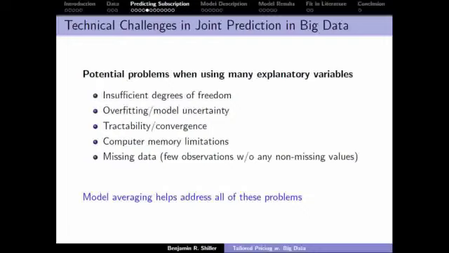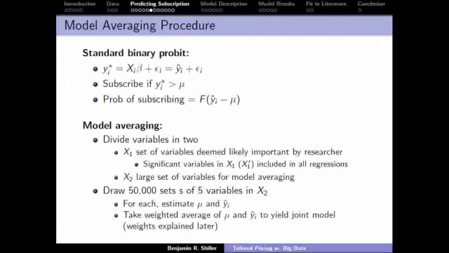If you have a large number of variables, it could be that any one observation tends to have at least one missing variable, and so it would be dropped from the overall regression. So these are a number of problems that occur. Model averaging, basically taking the average of the predictions of many smaller models, or actually you weight them, helps address all of these issues. And so that's a strategy that I am using here.